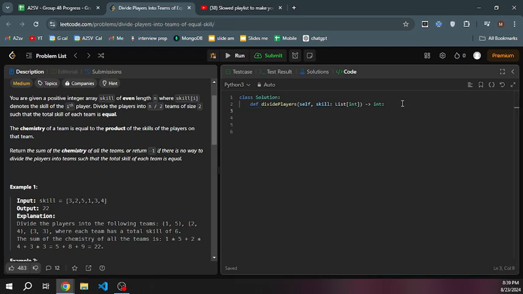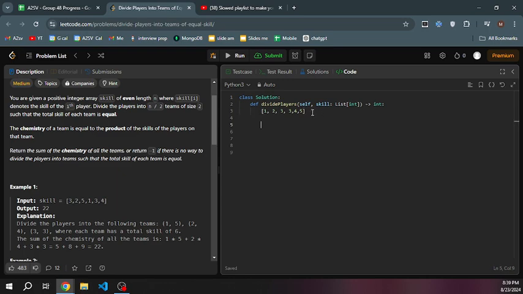Let me show you an example. We are going to sort this array. When we sort, we get 1, 2, 3, 3, 4, 5. After sorting, we are going to use two pointers to determine if the value is 6.